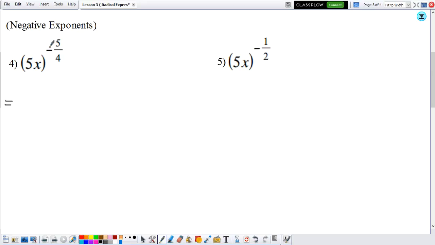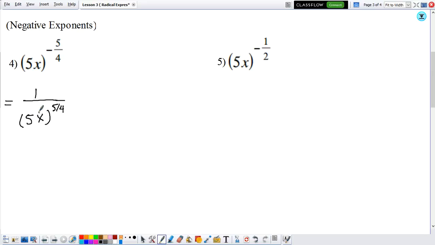You have to remember that if you have something that is raised to a negative exponent, you can make it positive by switching its position. So 5x exponent negative 5/4 is the same as 1 over 5x exponent positive 5/4. Again, you can go from negative exponent to positive exponent by just switching its position. We saw that in the previous video.